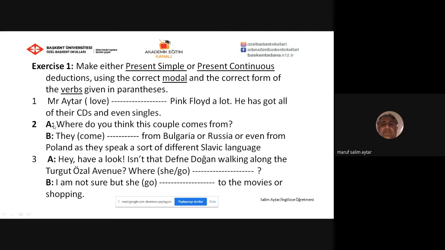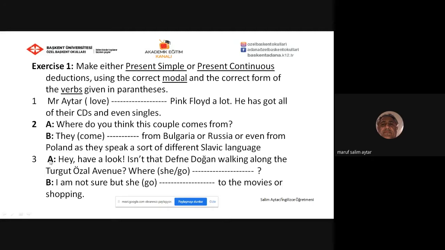There is a conversation in the second question, and the first person asks, where do you think this couple comes from? As you can see, the alternatives for them to come from are more than two. So we need to make a present speculation deduction again. It should be a weak one.